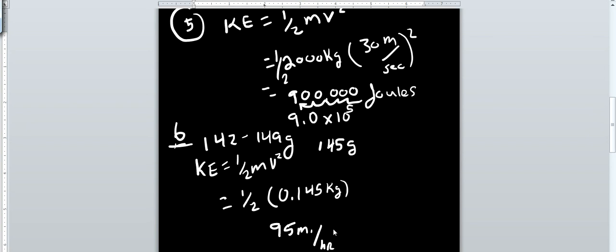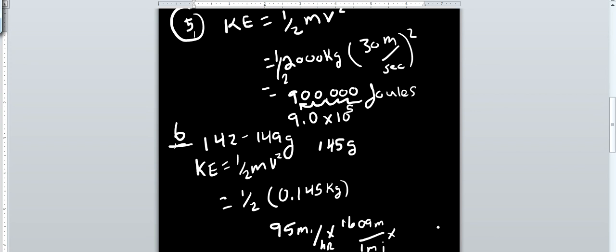You use the conversion factor that says 1,609 meters equals 1 mile.